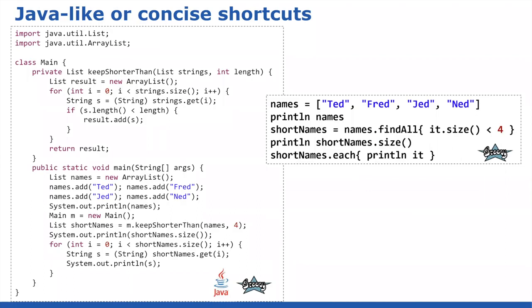So on the left-hand half of this screen is some Java code for manipulating lists, and it's actually valid Groovy code as well. And even 5 years ago, the code on the left would have been what you'd consider best practice Java code.